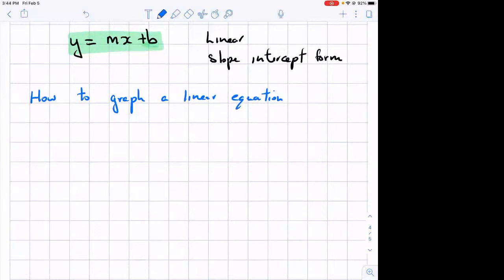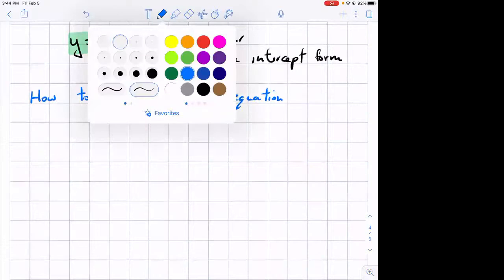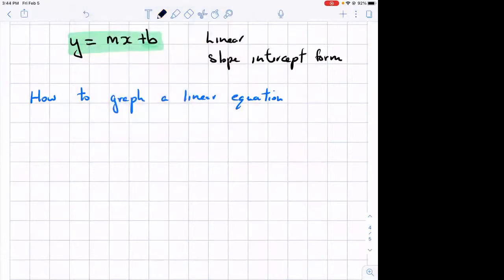So to start, what we do, if you're asked to graph, okay, example, graph the equation y equals 2x plus 3.